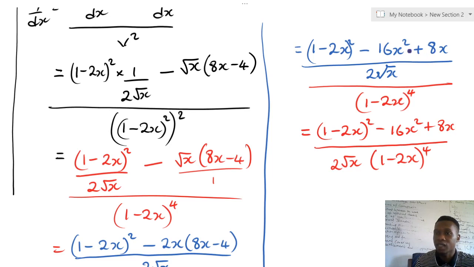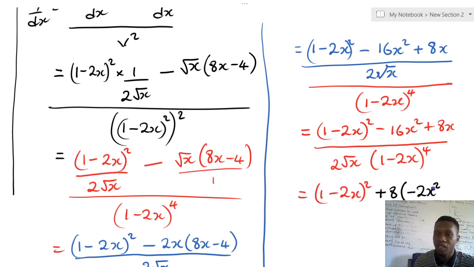So I can factorize 8 out of here. And when I factorize it, I have 1 minus 2x raised to the power of 2 minus, I bring out an 8. So I can bring out my plus 8. Then here will give me 8 plus 8 divided by minus 16x, which will give me minus 2x squared.